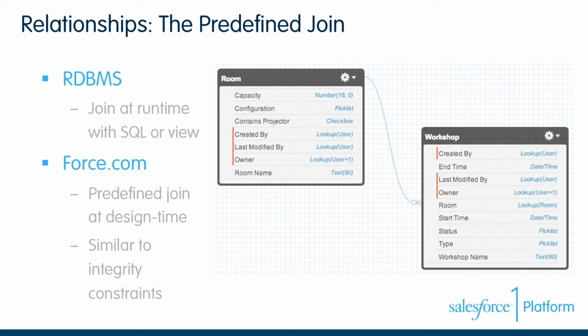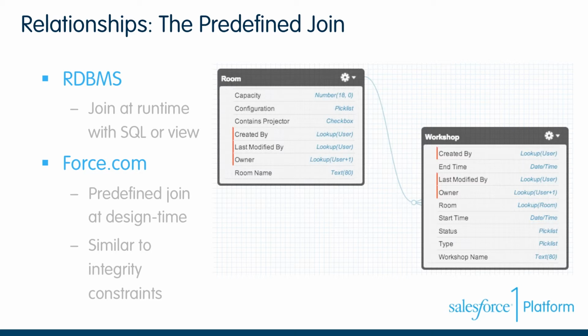So the joining process in a relational database management system is done by the SQL itself, by the query, or perhaps sometimes in the form of a view, which is kind of a predefined query that returns a different way of looking at the data.